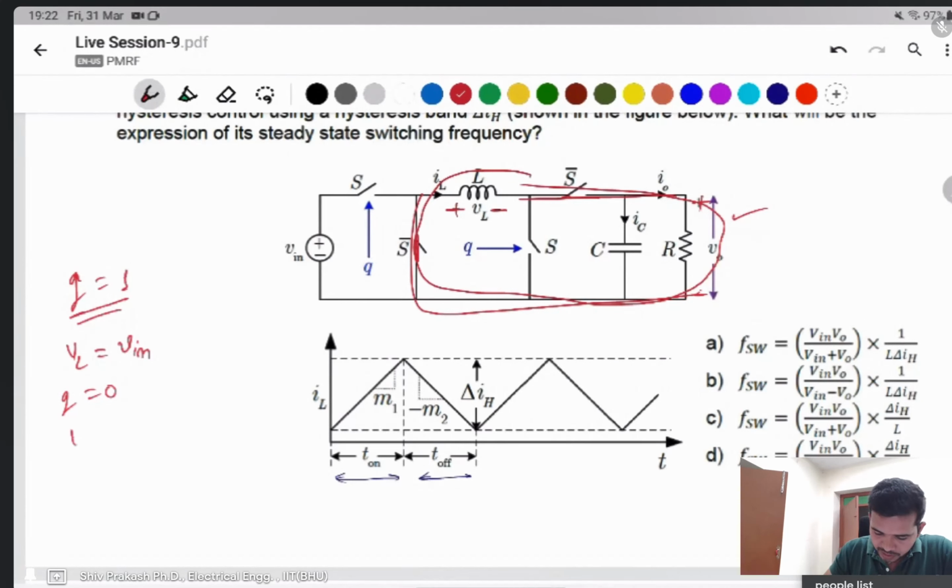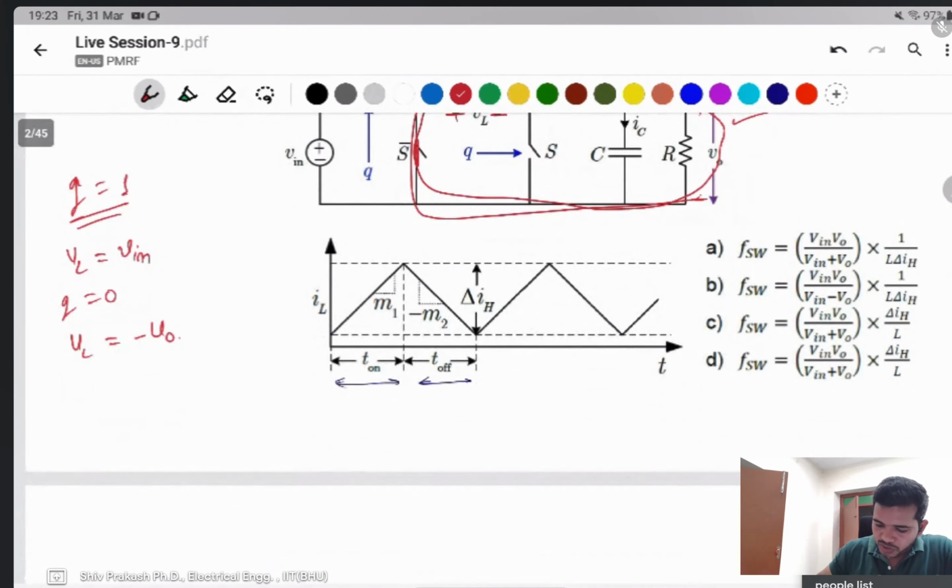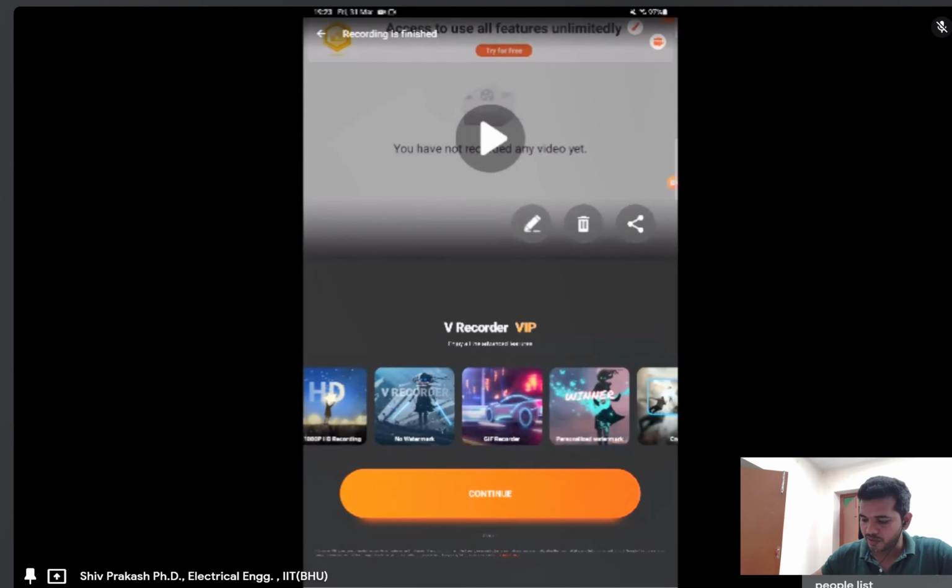That's why in this condition VL is equal to minus V naught. Now you know the volt-second balance equation of the buck-boost converter.